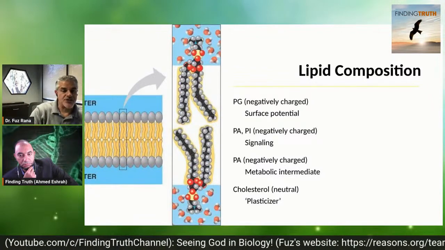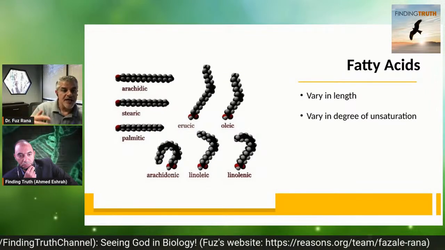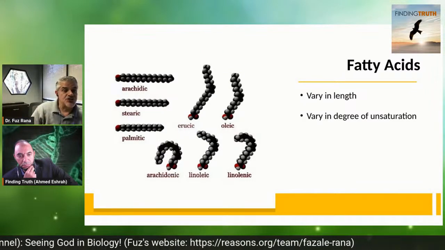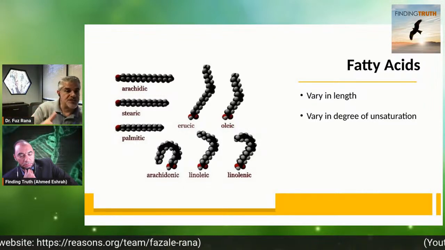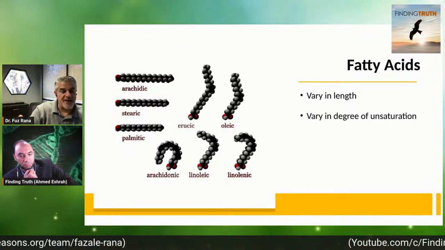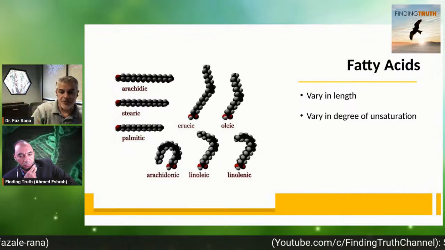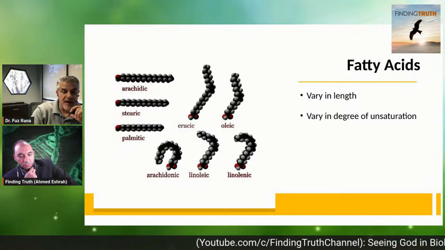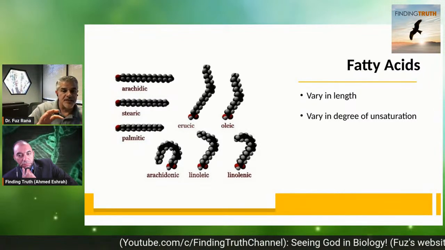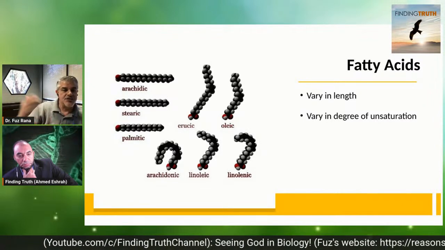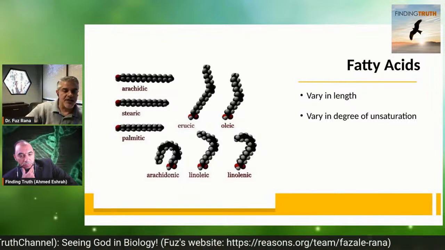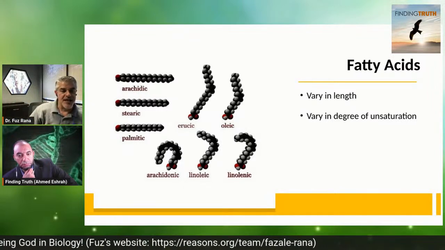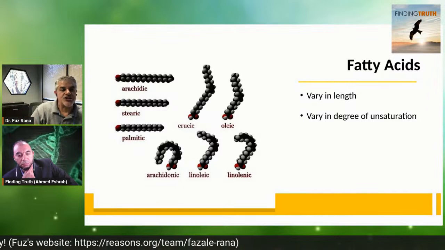There's also a rationale for the complexity that we see when it comes to the fatty acid composition, where again, this controls the fluidity, which is critical for establishing domains and lipid rafts. This is critical for establishing the permeability of the bilayers. So the complexity that we see isn't just the outworking of a historically contingent, unguided evolutionary process. There's a rationale.